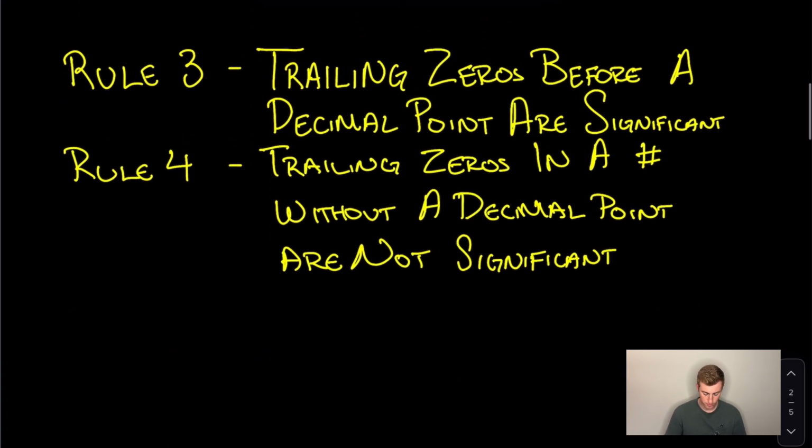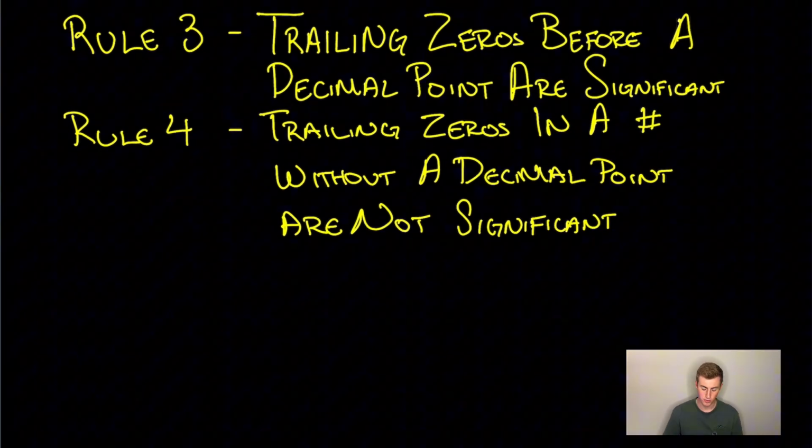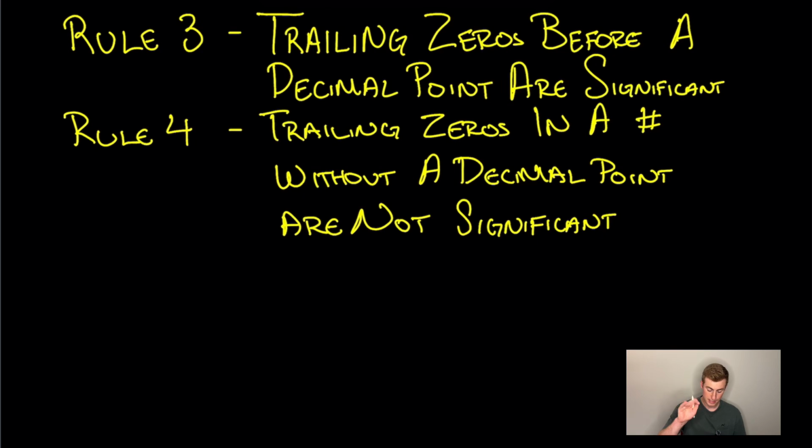Now let's look at rules 3 and 4. These kind of go hand in hand, so I group them together. So rule 3 is trailing zeros before a decimal point are significant. Rule 4 is trailing zeros in a number without a decimal point are not significant. So what do I mean by that? Sometimes we'll write a number like 150.